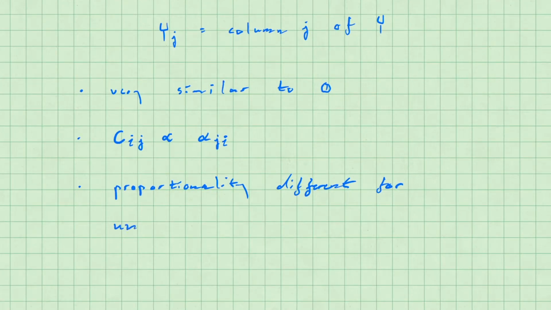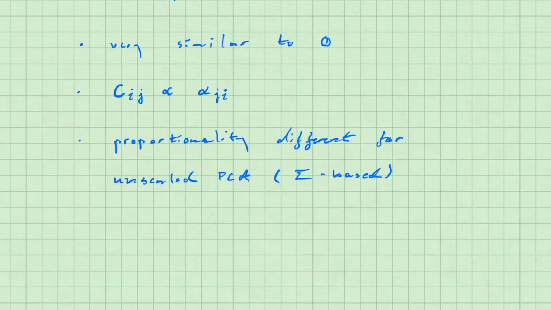So for unscaled PCA, that means you're using sigma, the covariance matrix, so those alphas are the eigenvectors of the covariance matrix. Or for scaled principal component analysis, the alphas become the eigenvectors of the R matrix, the correlation matrix.